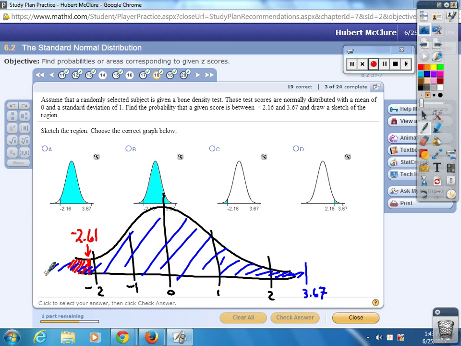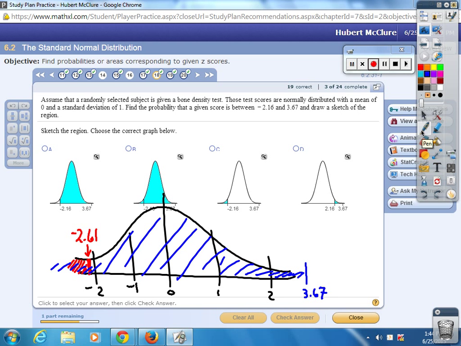So what if I want to find the area between negative 2.61 and 3.67? Greenville, Spartanburg. Subtract the big area, the little area from the what? Big area. Subtract the red area from the what? Blue area. So, we take our handy dandy, let's see, let's find our big area, 3.67.